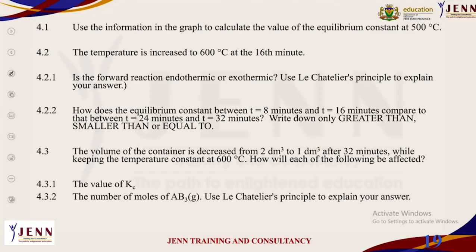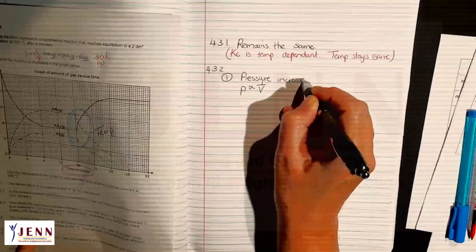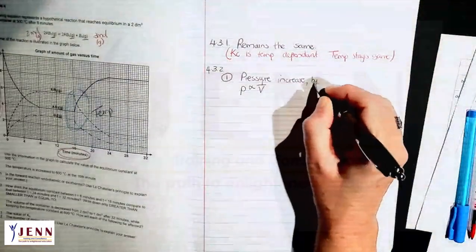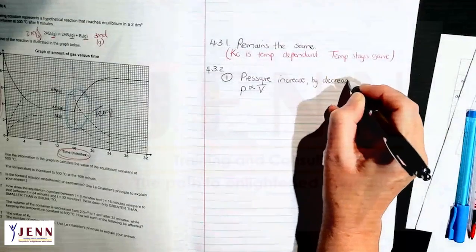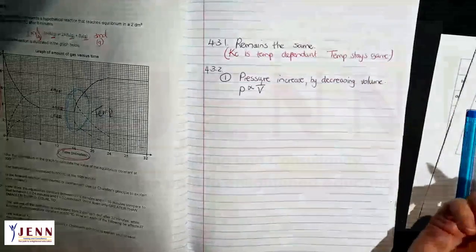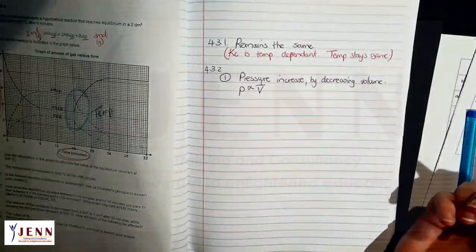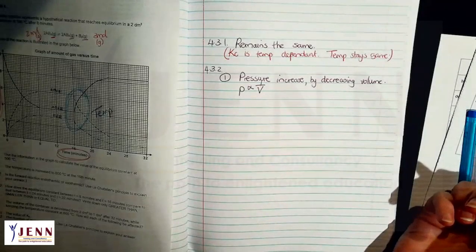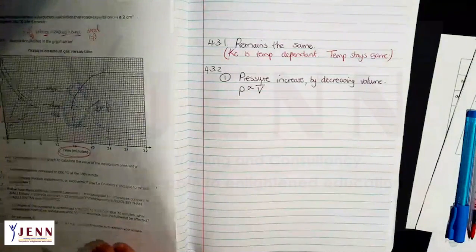So you're going to say P is inversely proportional to V. So if the volume is decreased, then there was a pressure increase. You can just write pressure increase by decreasing volume if you want to write everything out, but we just want to have there's a pressure increase. So if I decrease the volume, I increase the pressure of the container.